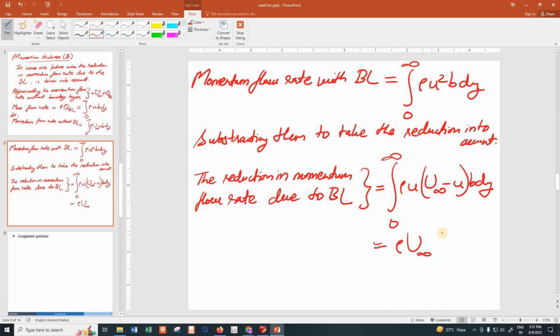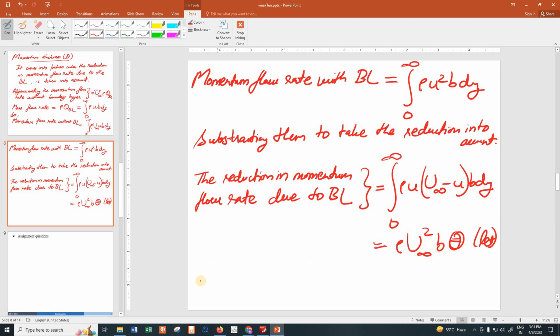Now this can be approximated: let us assume this reduction, in the ideal case, can be expressed in terms of the free stream velocity as u infinity square and b, and let the thickness be theta. So basically, when you are integrating, this would become theta.